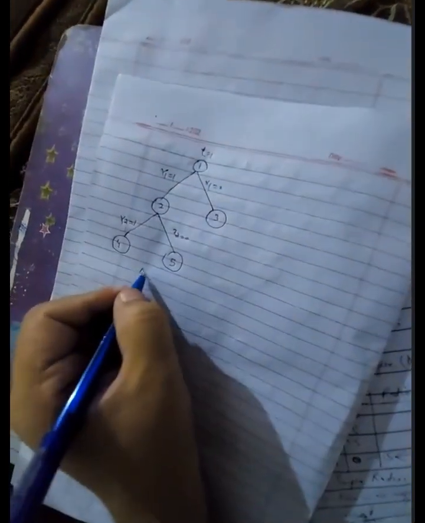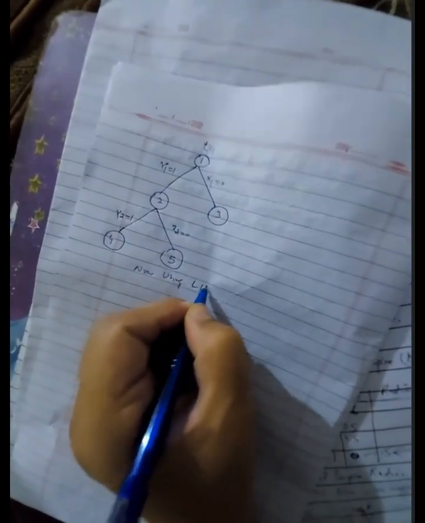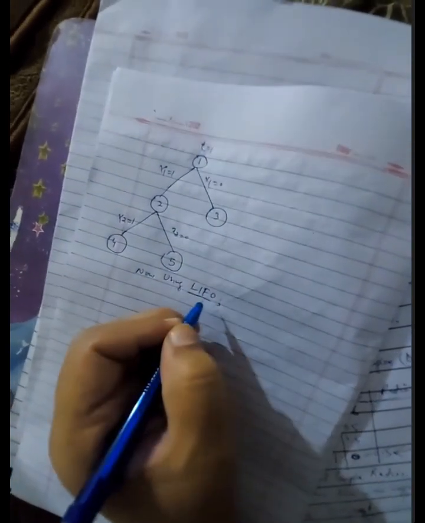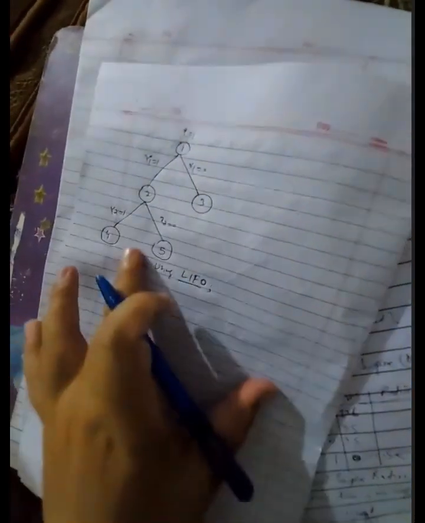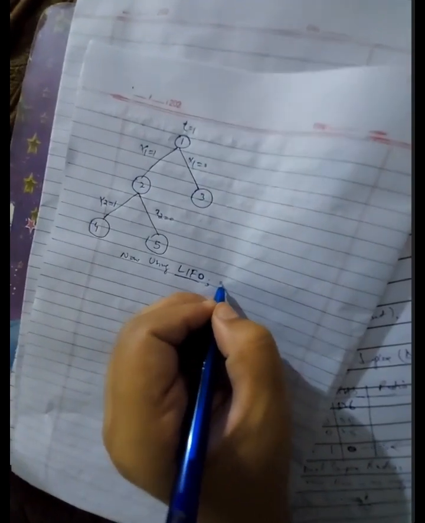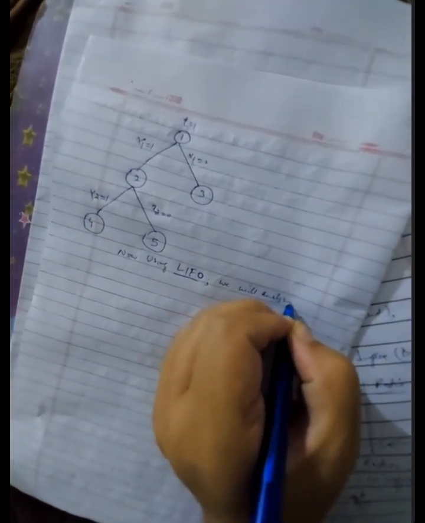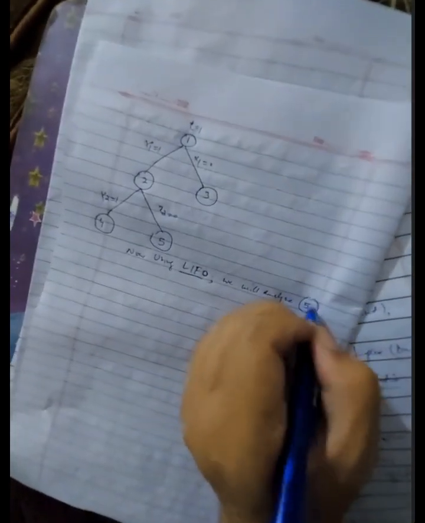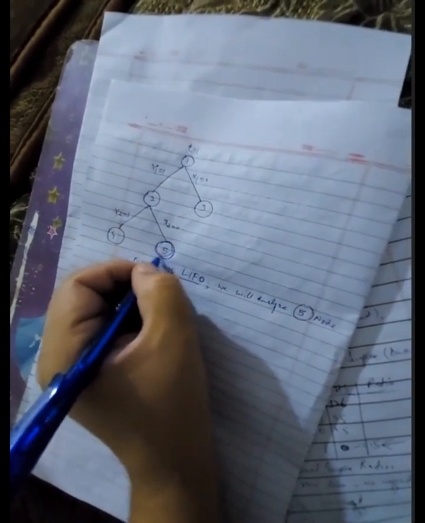Now using LIFO, last in first operate, we will analyze node 5. We will analyze this node based on LIFO, because it is last.